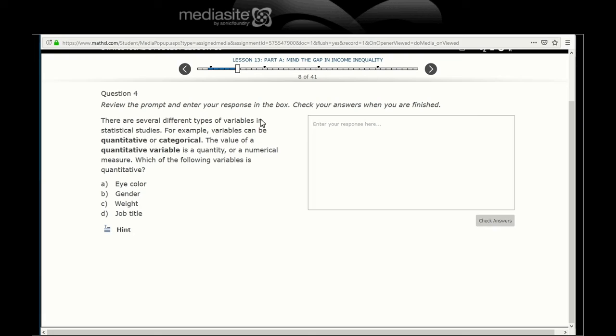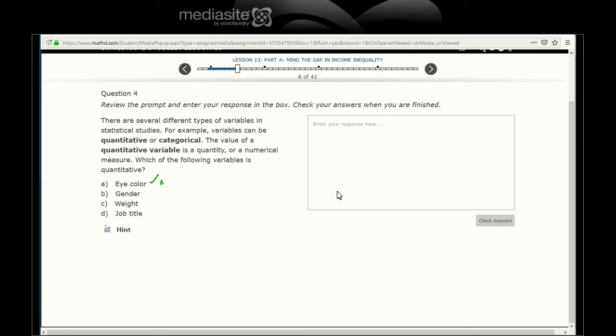Okay, several different types of variables in statistical studies. For example, variables can be quantitative or categorical. The value of a quantitative variable is a quantity or a numerical measure. Which of the following variables is quantitative? Eye color. Can we measure eye colors in terms of a count? It's either blue eye, green eye, hazel eye, brown eye, some mix.